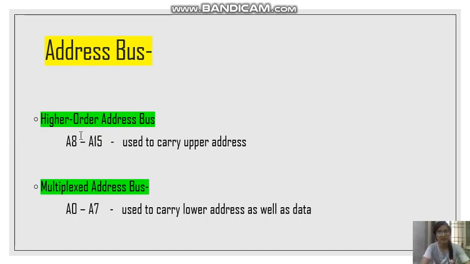The upper address lines carry only the upper address of any location. For example, in 2005, it will carry the 20 of the location, whereas our multiplexed address bus is used to carry the lower address, that is 05 of location 2005, as well as the data back to the microprocessor.